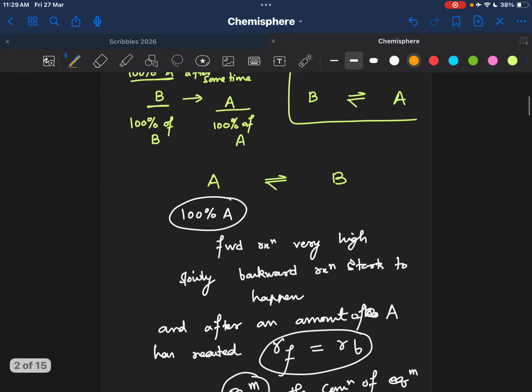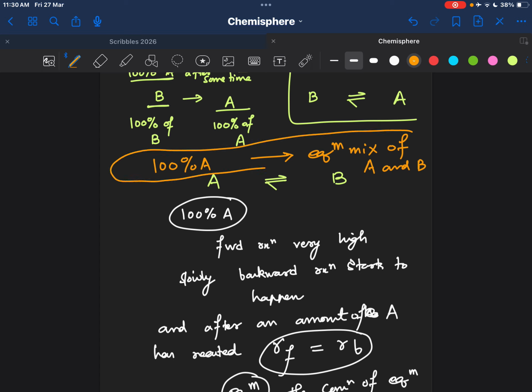So what is actually happening? We start with 100% of A, and we reach only an equilibrium mixture which consists of both A and B. That is the journey of the reaction. We don't actually get 100% of B because this is a reversible reaction.